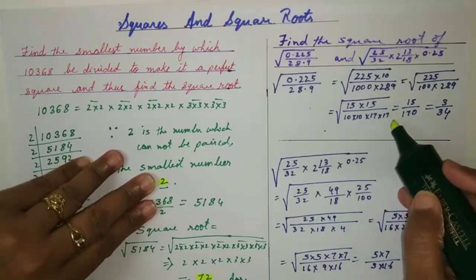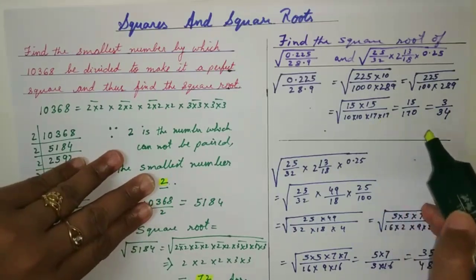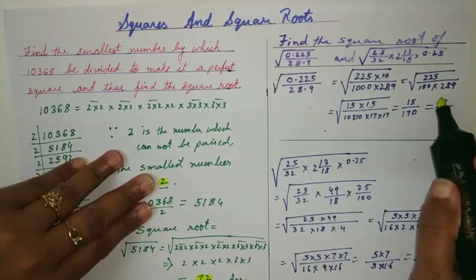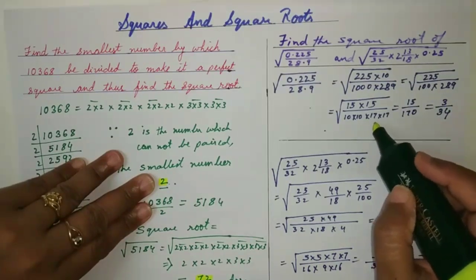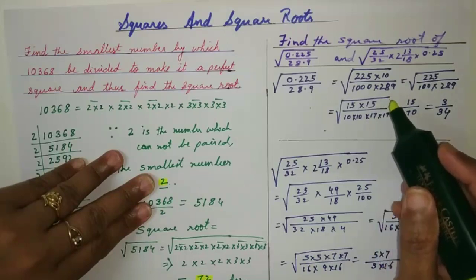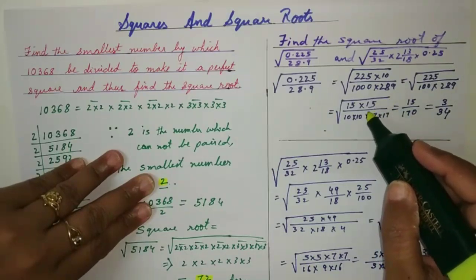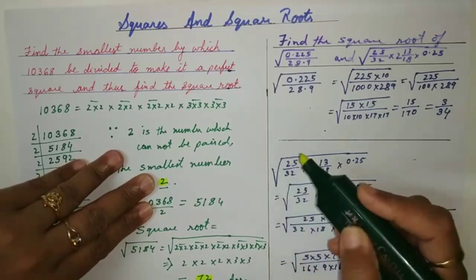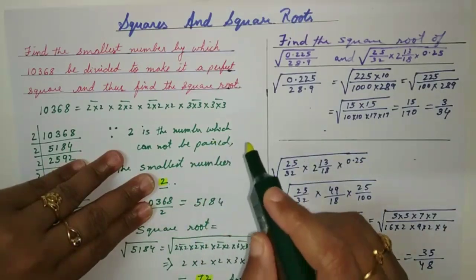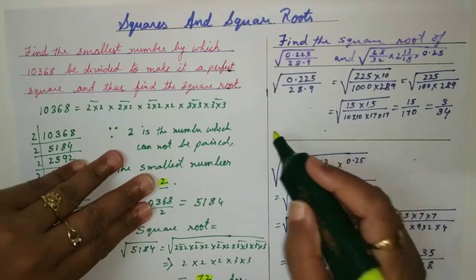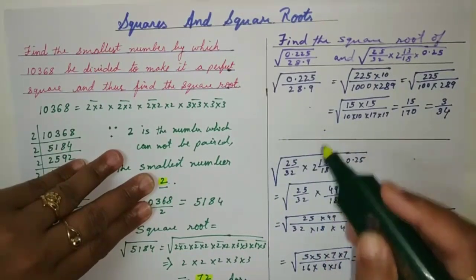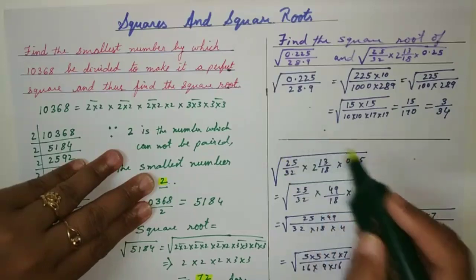Let me repeat. I had asked you in my video of exponents, where I had told you many times, please learn the squares of the first 30 numbers, which will help you now also in this chapter, squares and square roots. I'm going to tell you the same in the cube and cube roots chapter as well, but for now, squares and square roots.